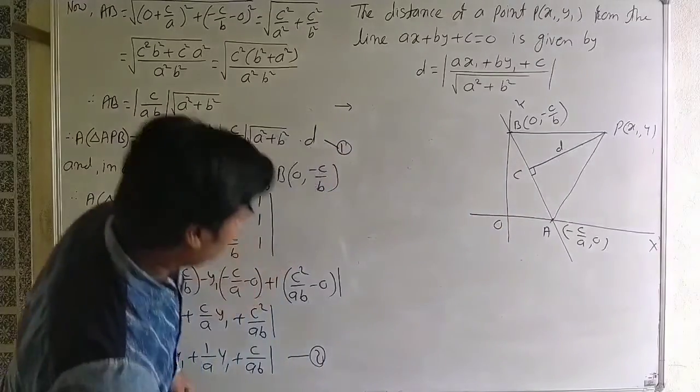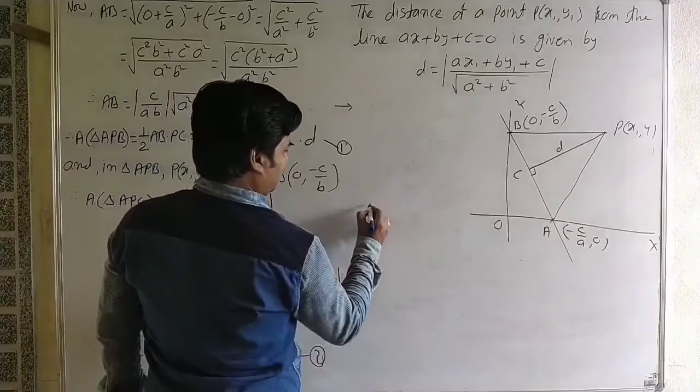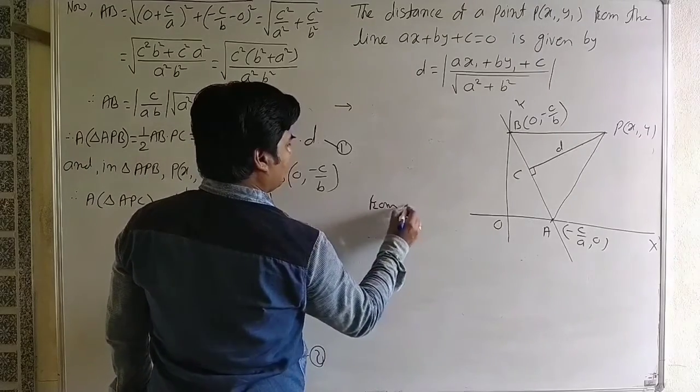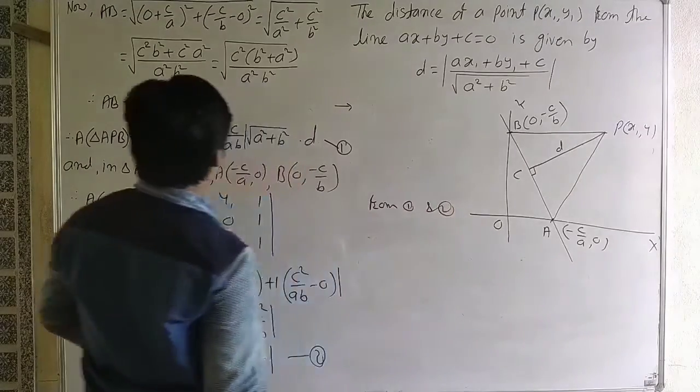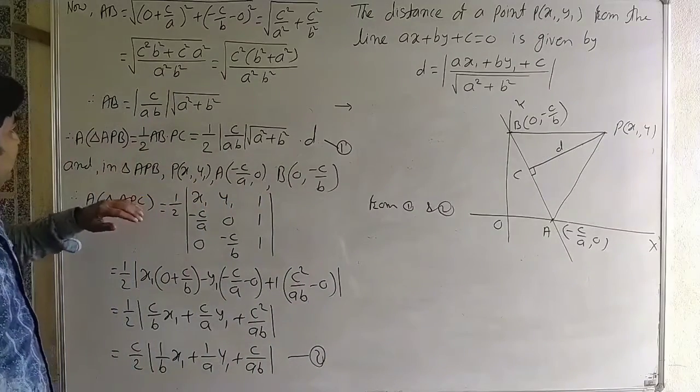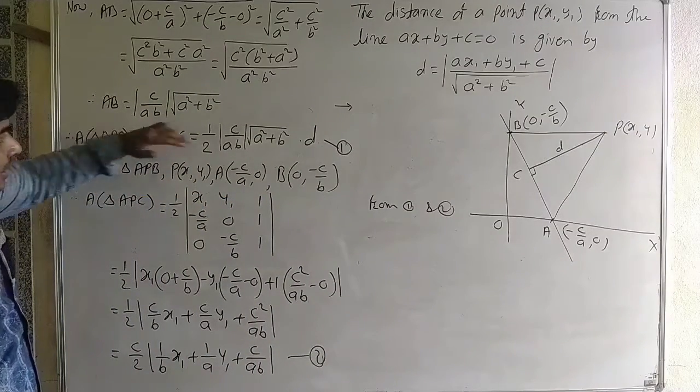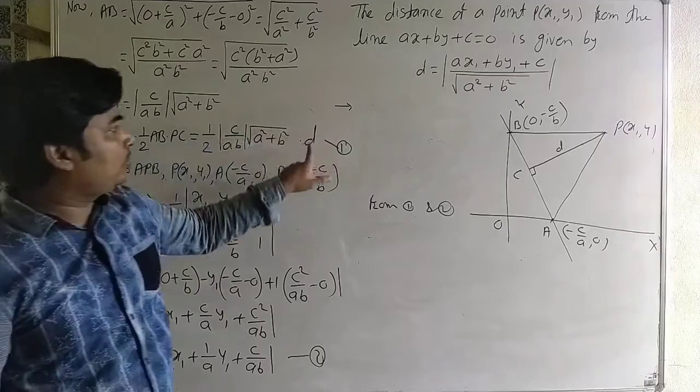Now, from 1 and 2, we get here. We want to find the distance of the point from the origin.